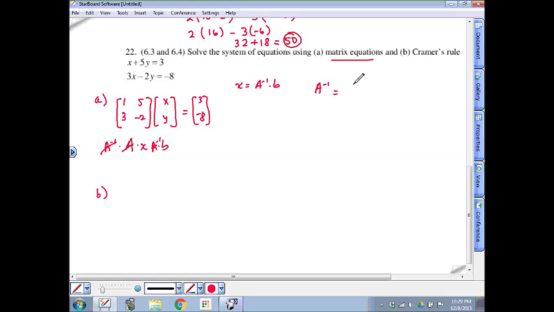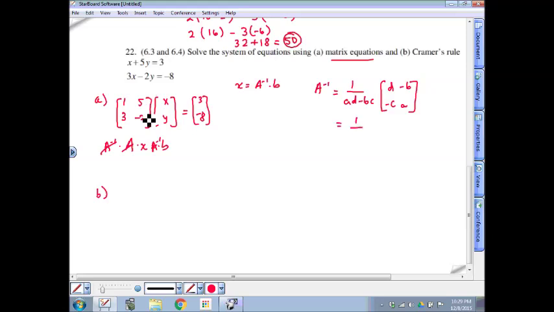So the inverse of A is this formula here. You switch the place of A and D, and then B and C become the opposite values, and then it's 1 over AD minus BC. It's 1 over the determinant, basically, of a 2 by 2 matrix.